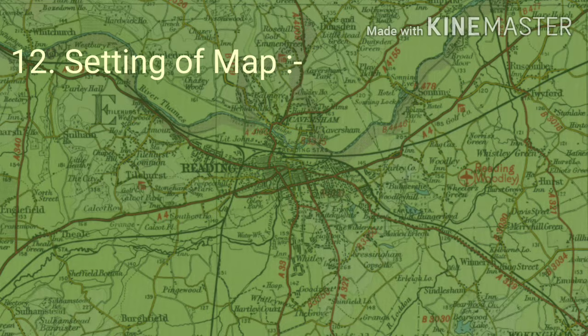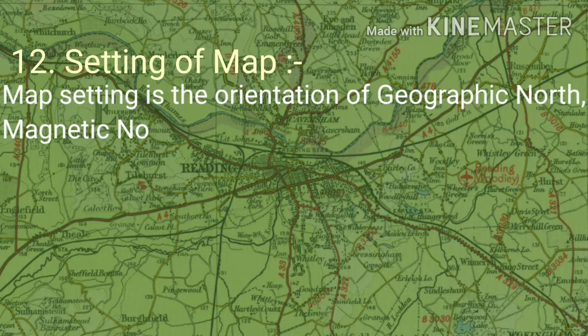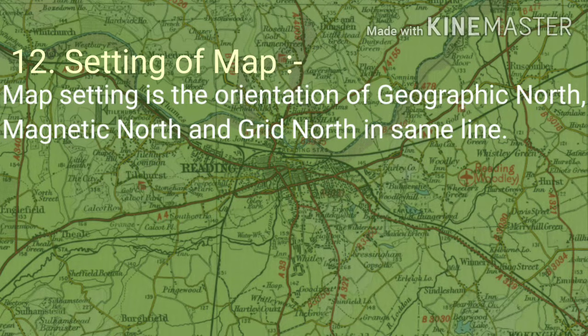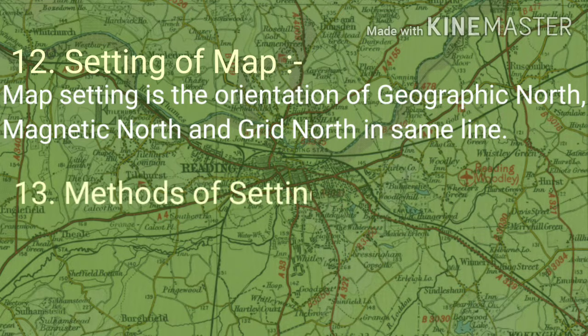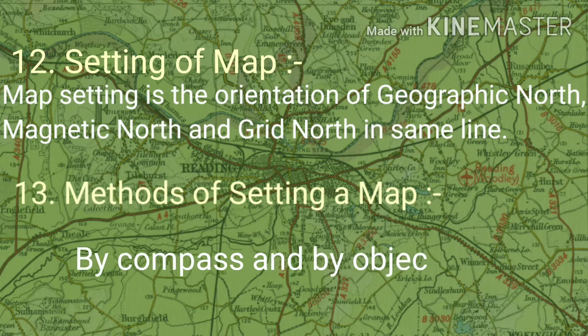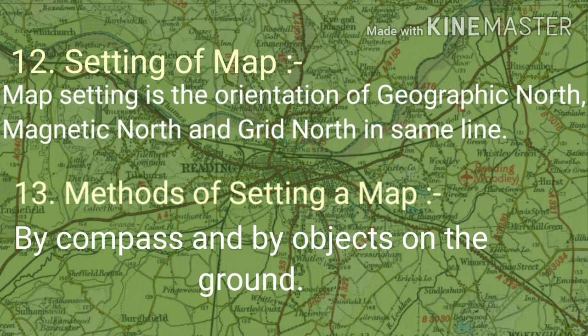Then setting of map. Map setting is the orientation of geographic north, magnetic north and grid north in same line. Methods of setting a map. There are two methods of setting a map, by compass and by objects on the ground.